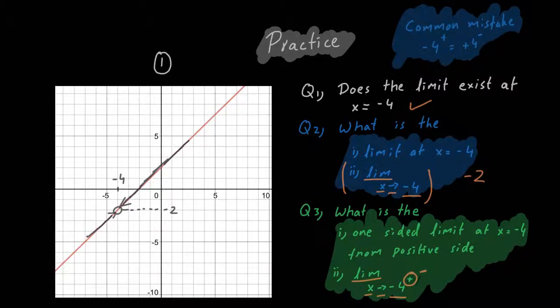Now if you look at the top right of your screen, it's a very common mistake that students, under the pressure of the exam, confuse these two signs and write negative 4 from the positive side as positive 4 from the negative side. Coming back to the question, the limit as x approaches negative 4 from the positive side is negative 2.